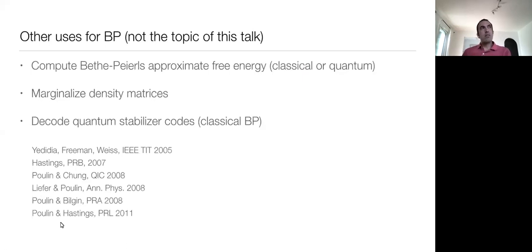The oldest one, the original one in some sense, is to approximate the free energy of a spin system. The approximation is called the Bethe-Peierls approximation. It's funny that the acronym fits, even though the formulation by Bethe and Peierls has nothing to do with tensor networks, factor graphs, any of that stuff.